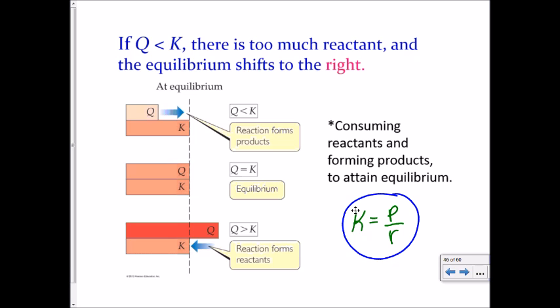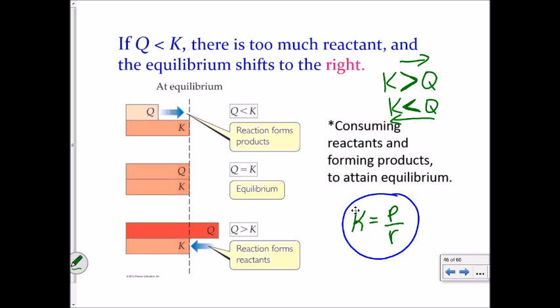And I believe if you write it as K is greater than Q like that, then it's going to proceed that way. If you write K is less than Q, it's going to proceed this way. So the way the sign is pointing, you can treat the less than and greater than signs as an arrow.